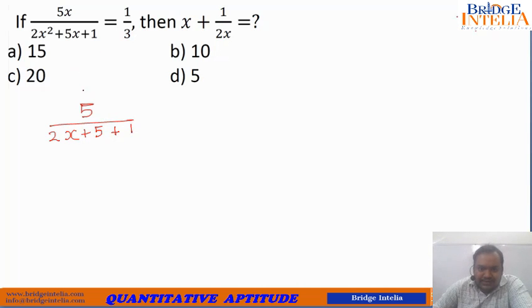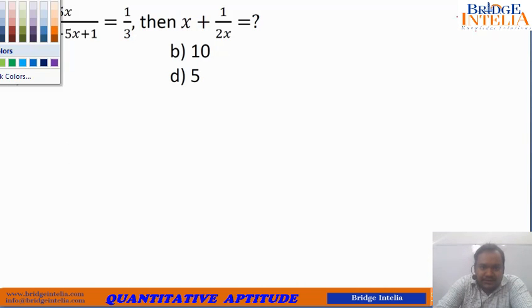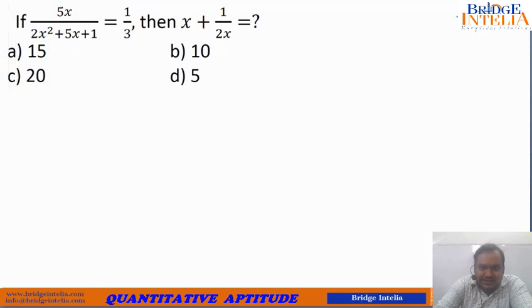Dividing by x is not sufficient this time. This time we need to divide by 2x so that the desired term gets formed. There is a big hint in the question itself that here we need to involve 1 upon 2x, so we need to divide both numerator and denominator by 2x.